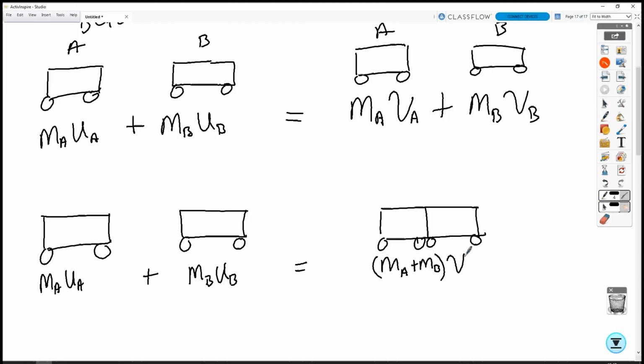After the collision, a few things can happen. A and B could move in opposite directions to each other. So A could move backwards to the left, B can move forward. A could entirely transfer all of its momentum to B, so A stops and B moves faster.